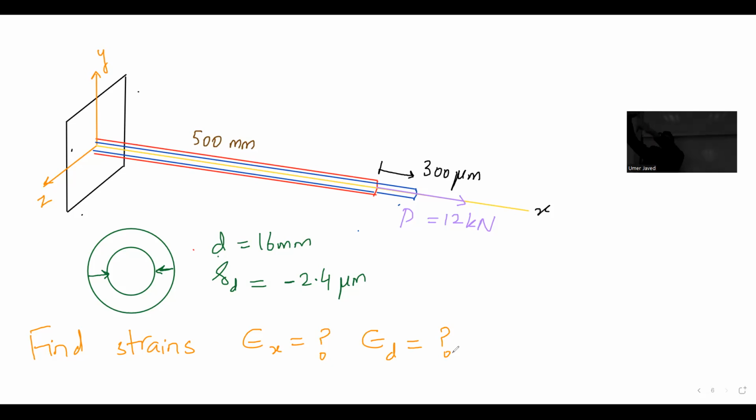But during that action, the diameter also decreases, which makes sense. The original dia was 16 millimeter. This is not a hollow tube, by the way. I'm considering it as a solid shaft. So from 16 millimeter, it decreases to 16 minus 2.4 microns. You have to give me the strains.